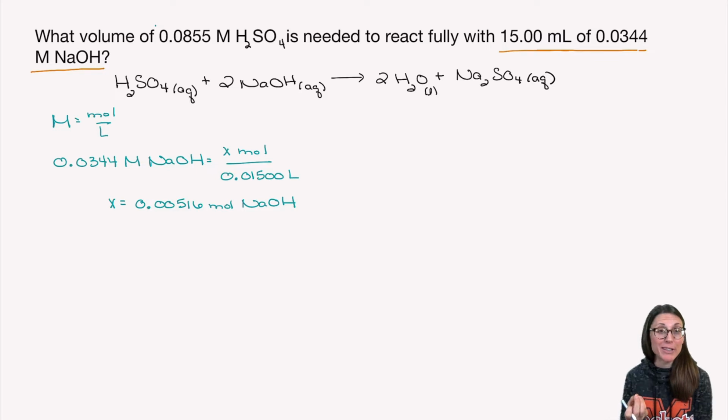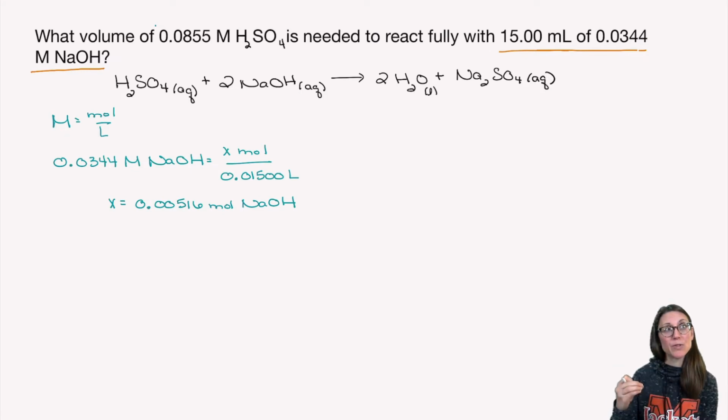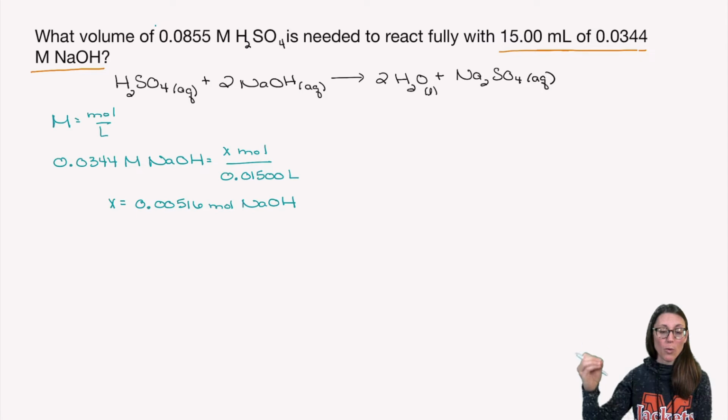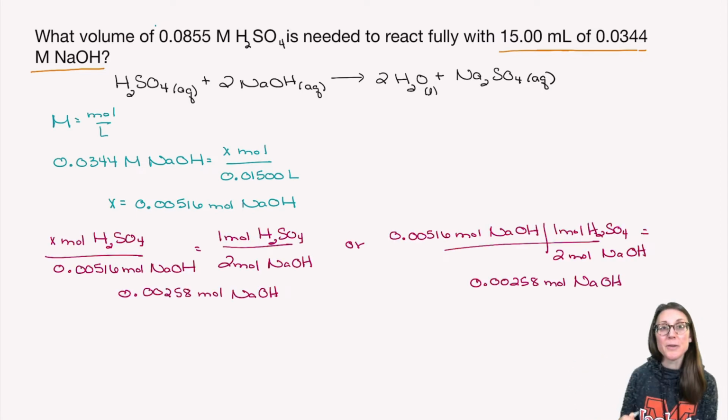So that 15 milliliters, that's 0.01500 liters. So I have 0.000516 moles of sodium hydroxide. From here, I can now convert to moles of H2SO4, our target compound. I carried out this conversion using both proportions on the left and dimensional analysis on the right with that mole ratio. Pick your favorite, get there.